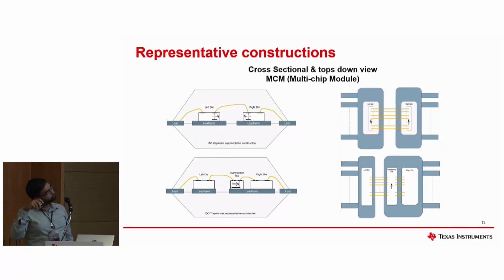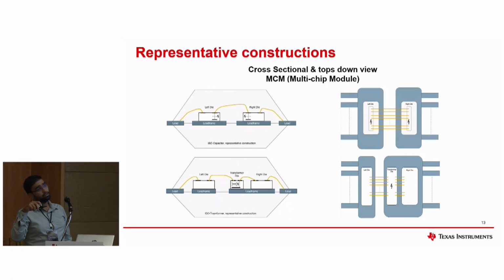So the ISO cap or the dielectric sits in both the left die and right die, where if one of the dies, let's say, gets isolation damaged, your one die is always going to be damaged forever.